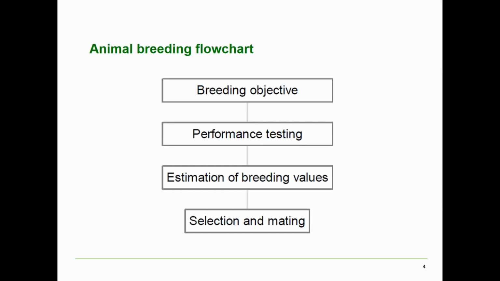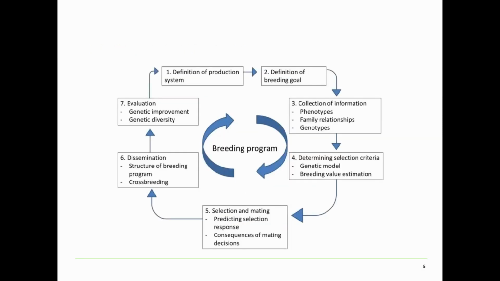Now, I said that this is a simplistic view. One problem is that it is linear, so it seems like it has a beginning and an end. But in reality, the breeding program is really a cycle. This cycle has multiple stops and multiple levels, some of which were mentioned before, but it has more to it.